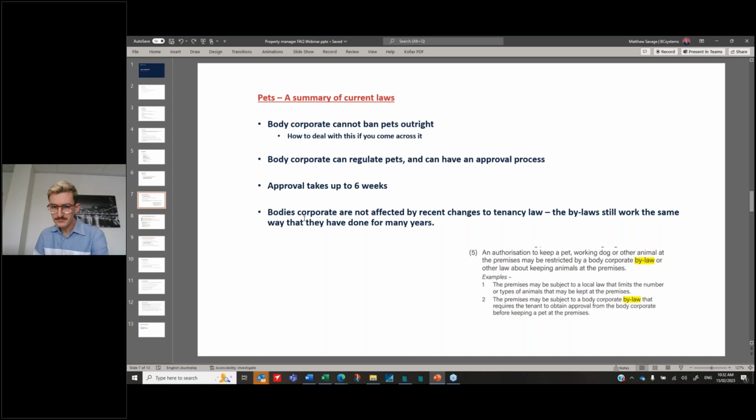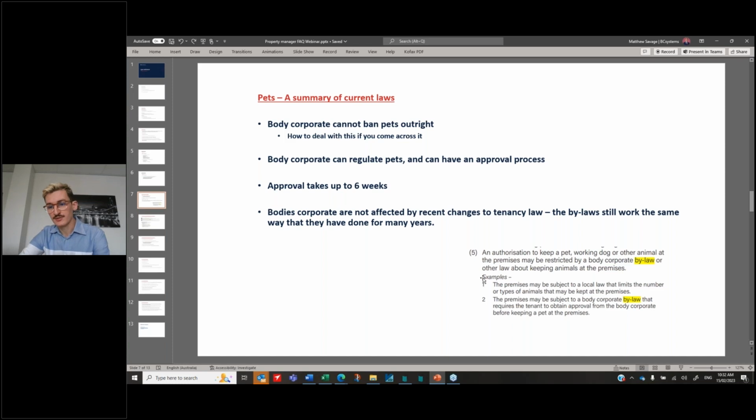That's actually called out specifically in the tenancy agreement as well. I just screenshotted the section about the keeping of pets from the Form 18A tenancy agreement in Queensland. It specifically says that the property might be subject to a body corporate bylaw, and any authorisation the tenant gets from the property manager or the landlord is always going to be subject to the bylaw.